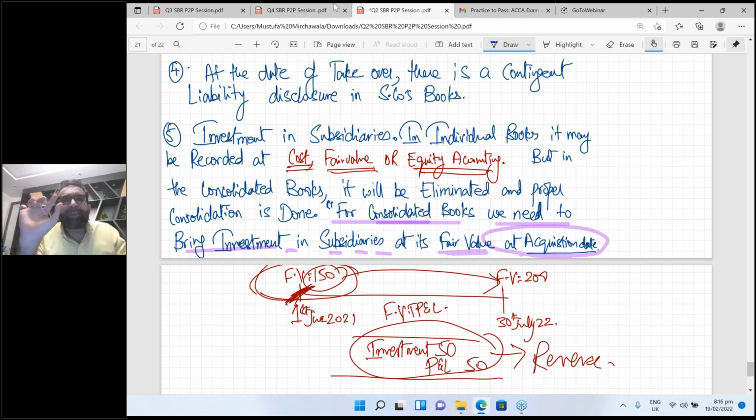In the individual books of the parent company, we simply write investment on the asset side.